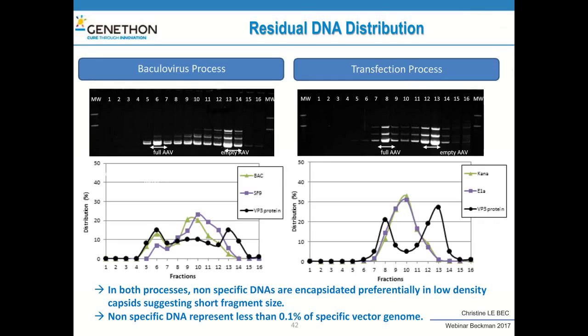You can see on the graph that almost all these impurities are present in the small fragments, and in fractions 7 to 12 as intermediate species, and also the intermediate species for the transfection process contain only this type of contaminants. We have to notice that this non-specific DNA represents less than 0.1% of specific vector genome, which is a very small amount.